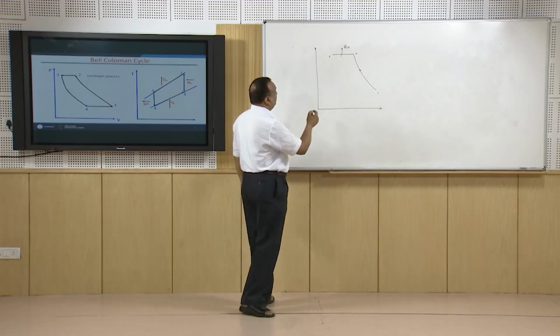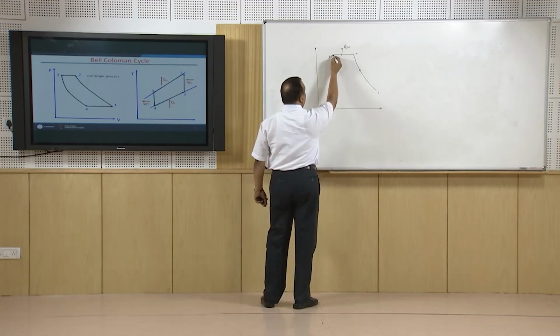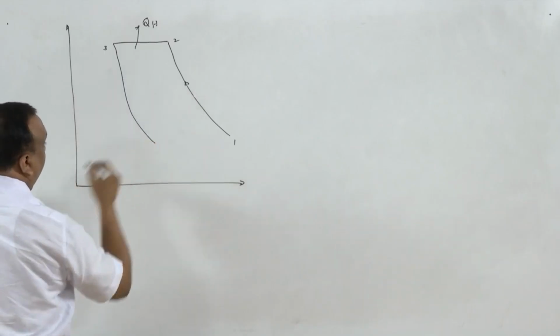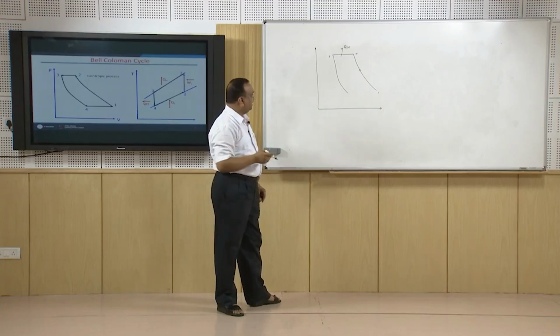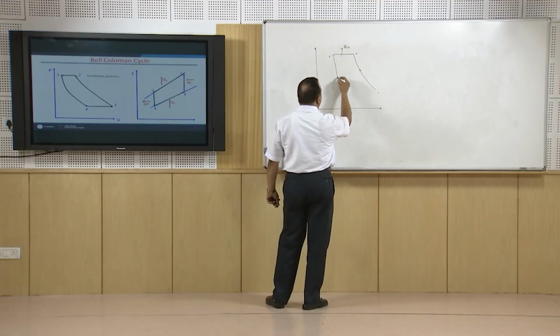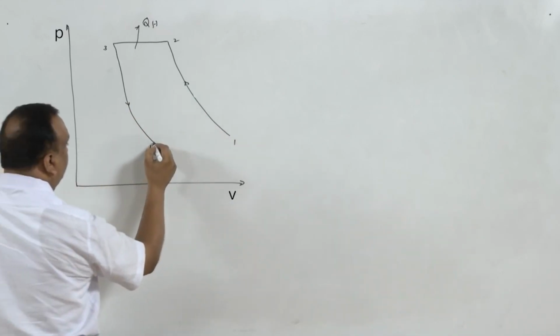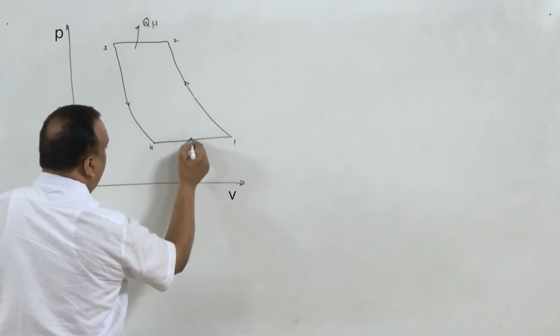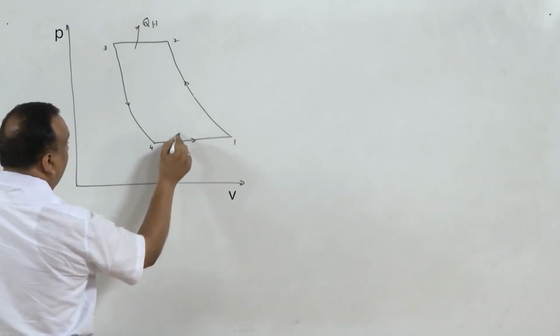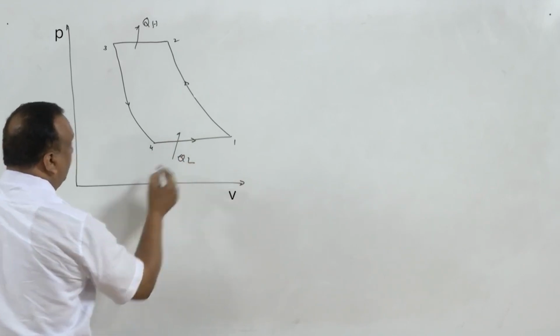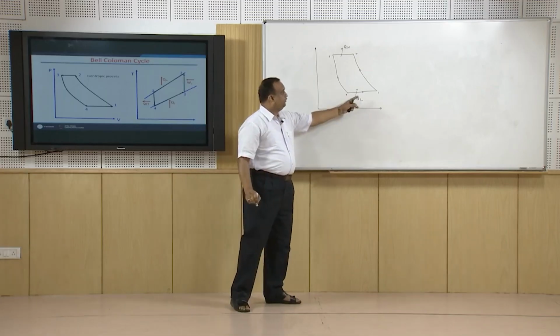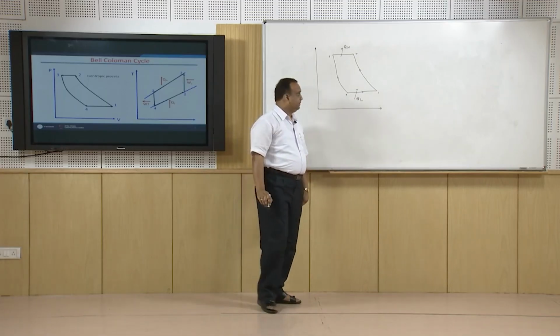When state 3 is attained, expansion takes place inside an expander. It is a turbine or an expander, and these two processes, 3 to 4 and 1 to 2, are isentropic processes, and in process 4 to 1 heat is taken from the surroundings, and this process 4 to 1 produces the cooling effect.